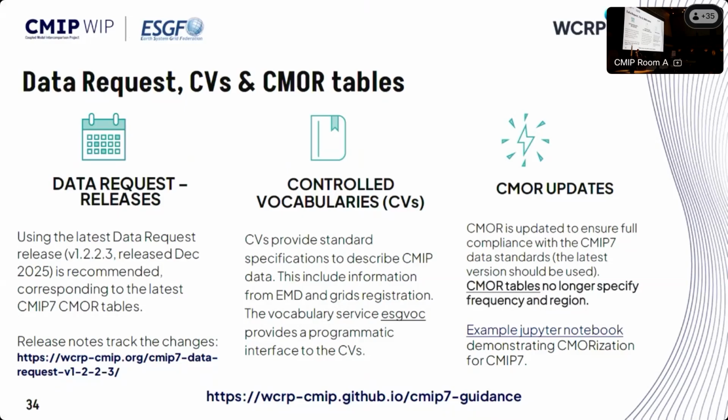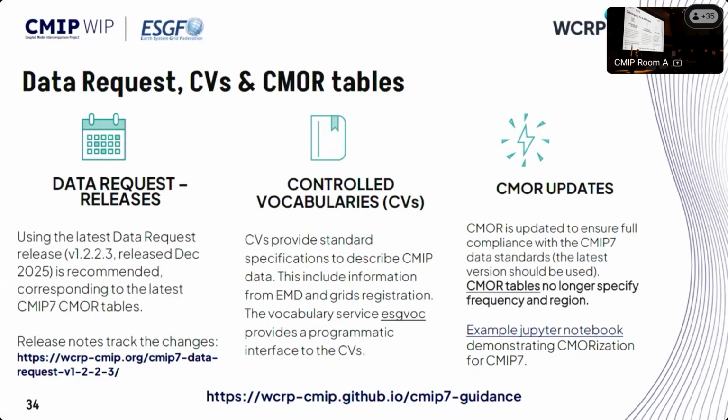And there is a new vocabulary service available called ESGVoc that manages the CVs of the various WCRP projects behind the scenes between the various infrastructure components. So it provides a programmatic interface to the CVs. As a normal data user or data provider, usually you will not have to interact much with ESGVoc. Yeah, but it, as I said, works its magic primarily behind the scenes.